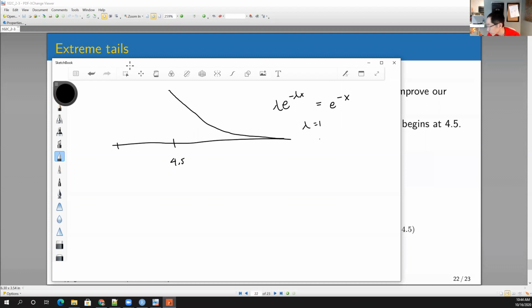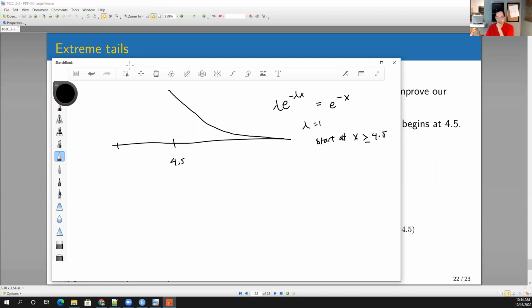And we can just start it at x greater than 4.5. So we can shift the exponential distribution over to start at 4.5, and generate values from the exponential. Whatever exponential I have, I'm just going to add 4.5 to it. Exponential generally generates from 0 to infinity, but I'm adding 4.5, which shifts everything.